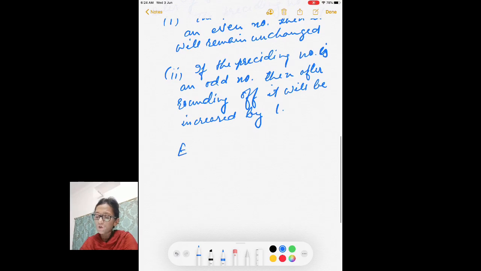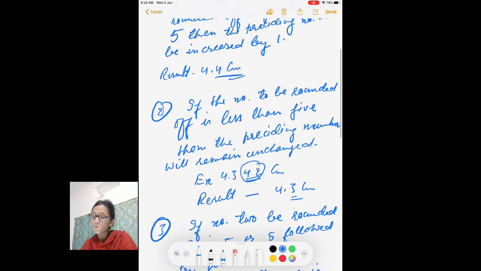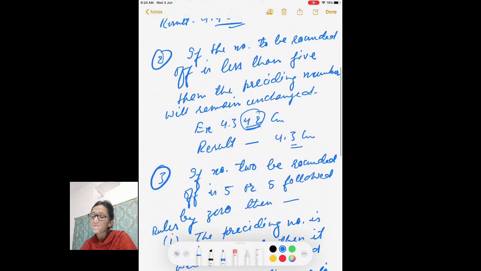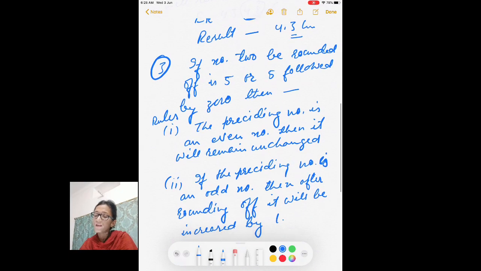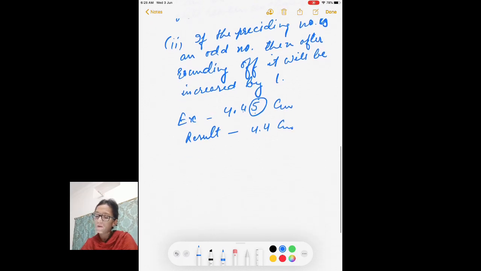Let me show you with the help of an example. We have two cases. In this one case, for example 4.45 centimeter, I have to round off this number 5, then the result will remain 4.4 centimeter. The preceding number will not change.